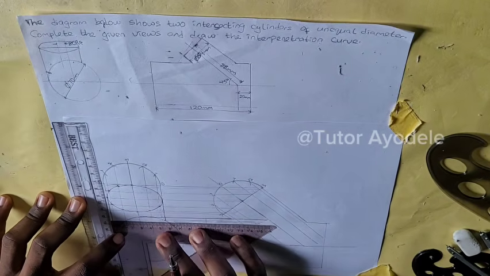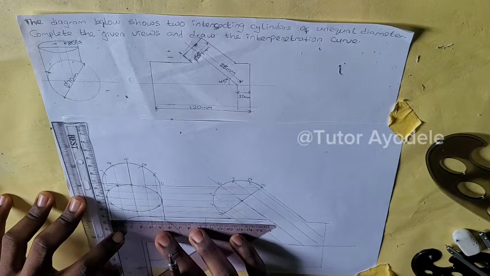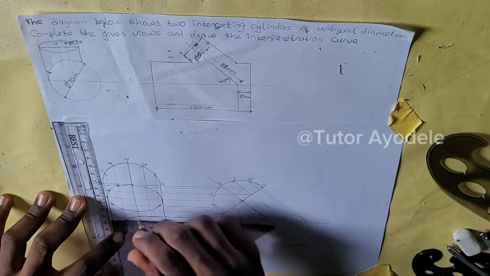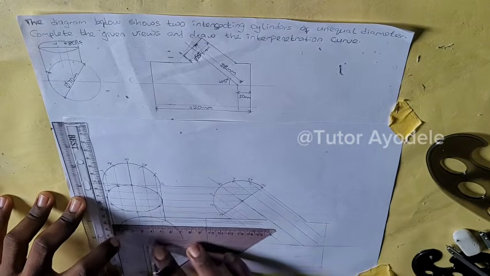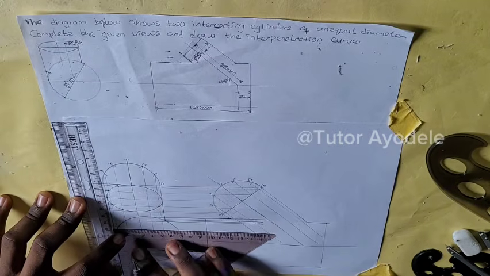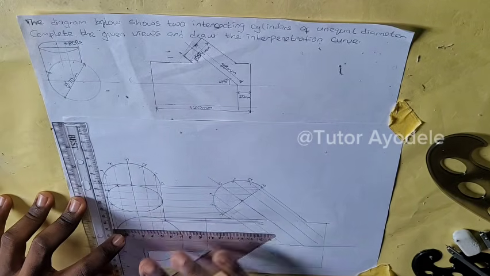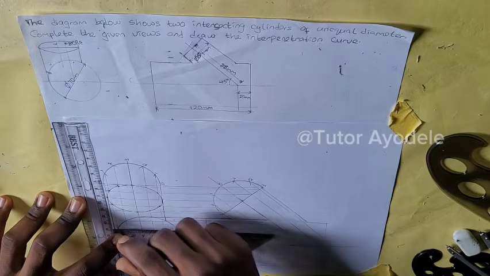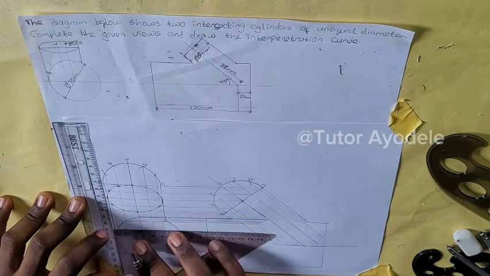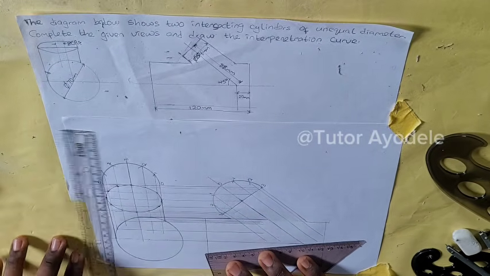This point two here, when it touches the circle, I'll draw a line inside. Point one, where it touches the circle, I'll draw a line inside. That's all.